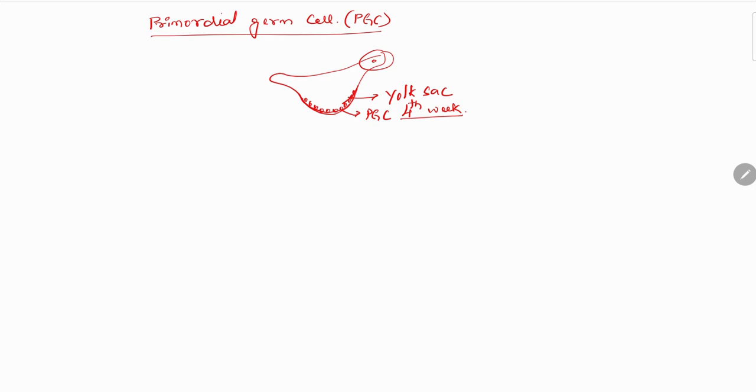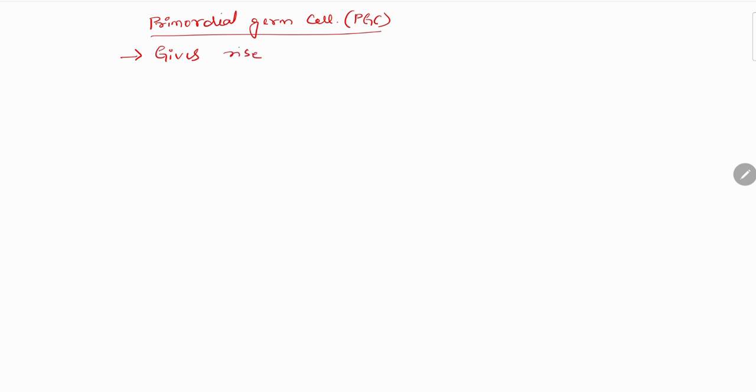So what we understood is that they give rise to sperm in male and ovum in female.